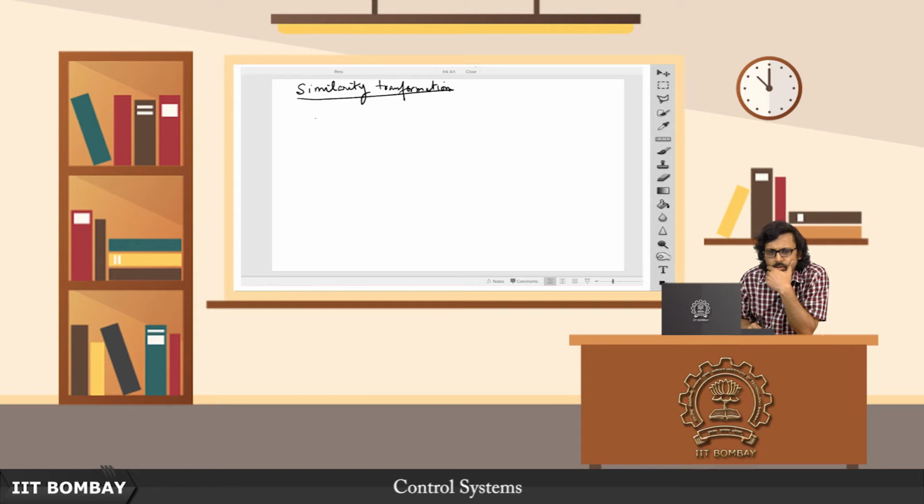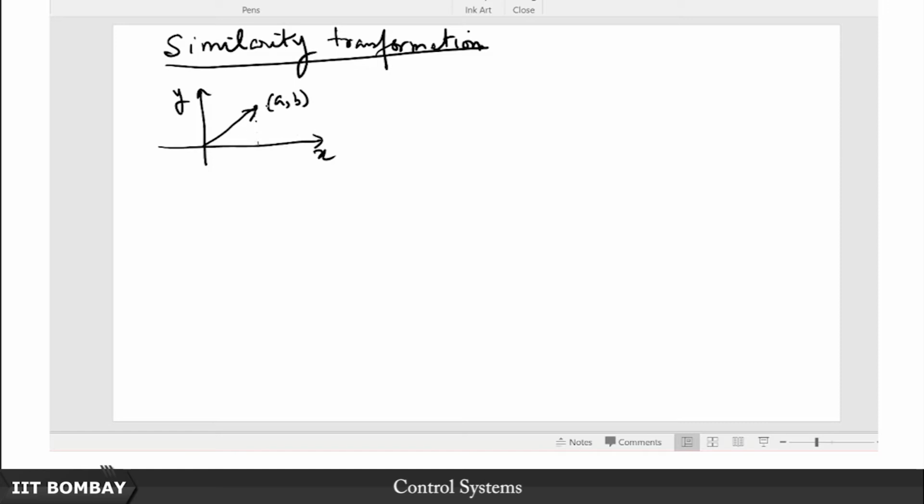To give you a quick example, suppose you have x and y coordinates like this, and you have a point here. You denote this point by (a, b), so this is a vector on this 2-dimensional space. By (a, b) it is unambiguously understood that this point P has an x component that is a and a y component that is b.